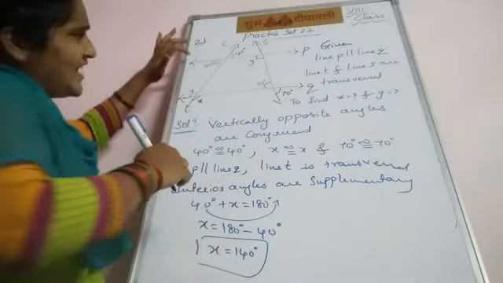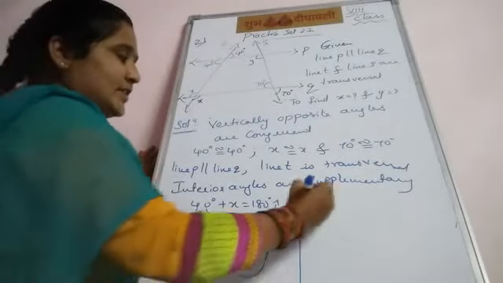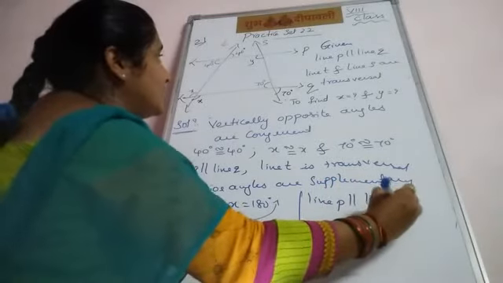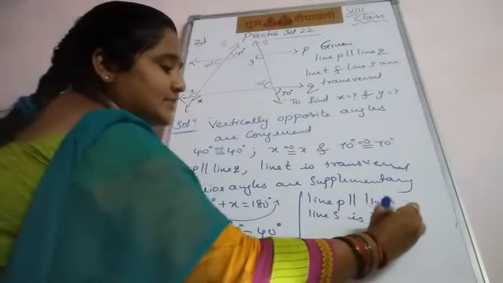Now here are the same parallel lines but the transversal is different. See, line P is parallel to line Q, and line S is the transversal.